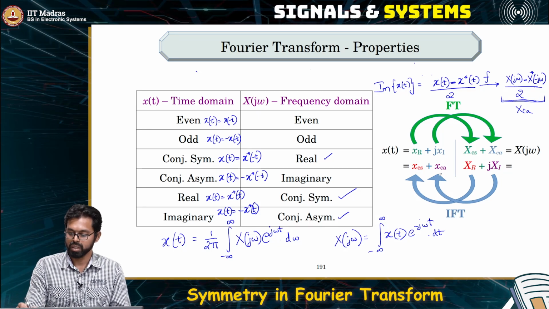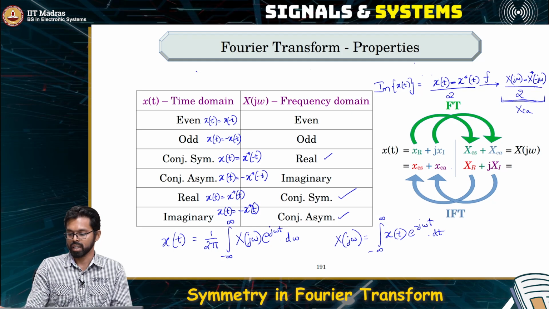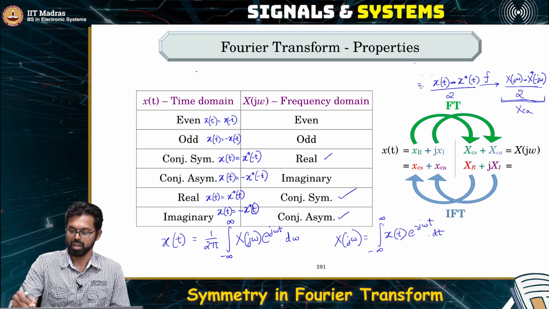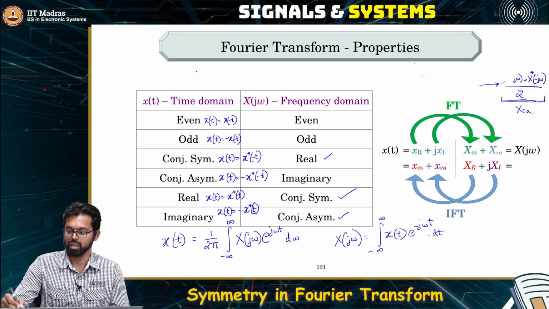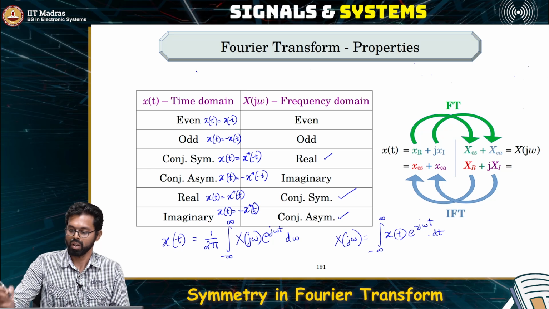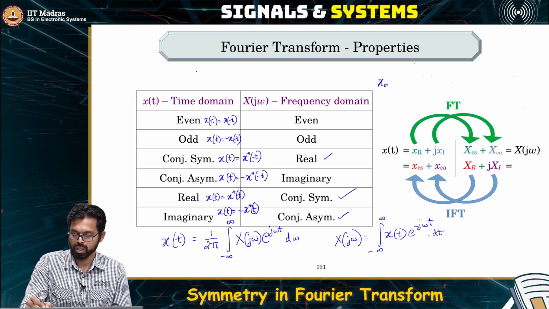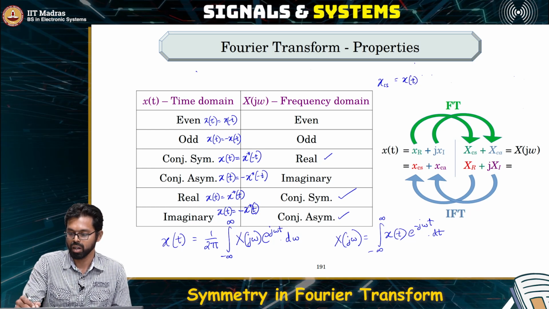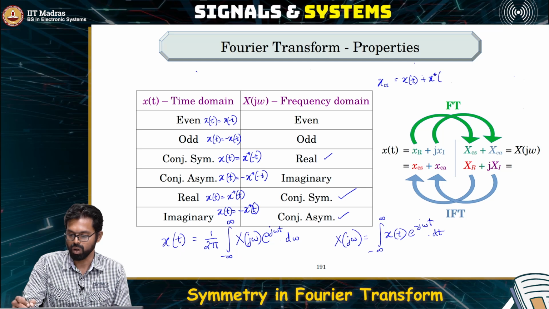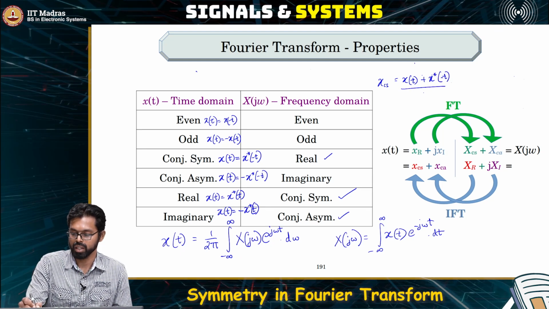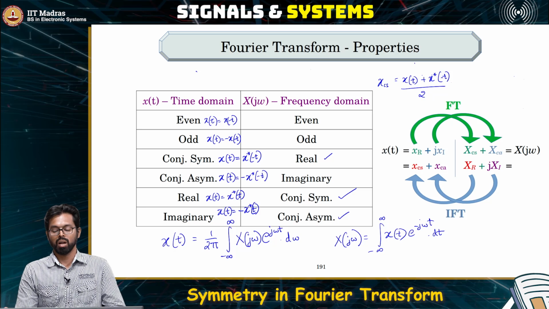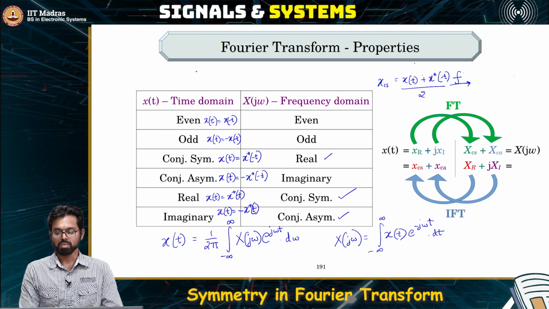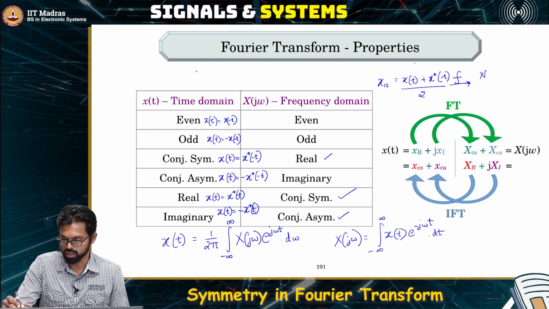Now what if we don't split that into real part and imaginary part, but directly split that into the conjugate symmetric and asymmetric part, okay? In other words, we'll do the other side operation. So how do we get the conjugate symmetric part of x of t? We take x of t, add that with x star of minus t, and then take the average. Now if we apply Fourier transform, the Fourier transform of x of t is X of j omega.